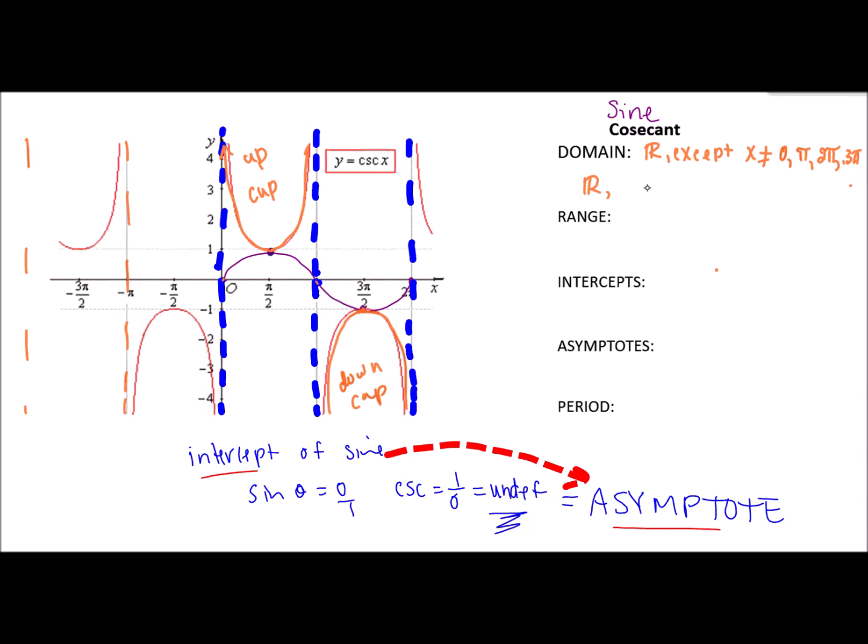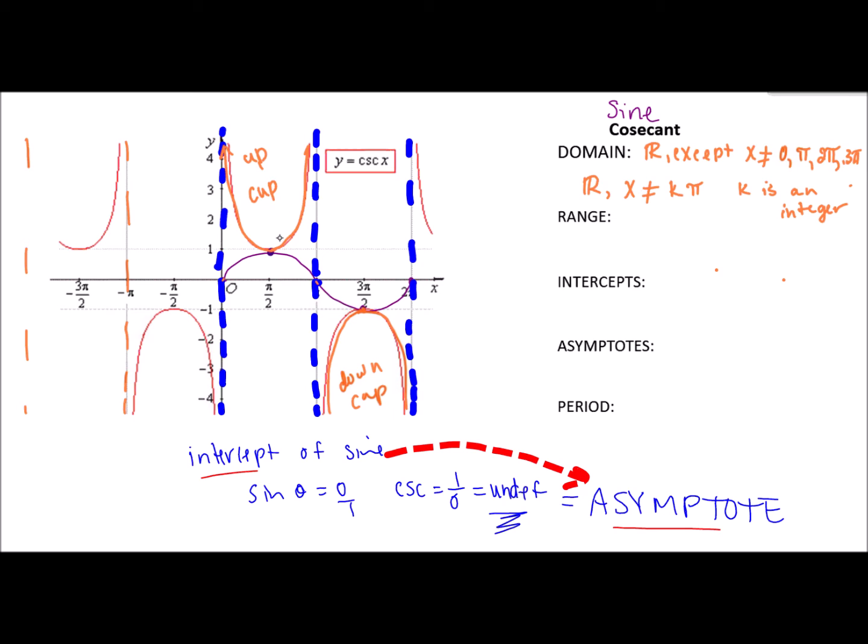All real numbers except x cannot equal, and then you can either use n or k, it really doesn't matter, k pi, where k is an integer. So k could be 0, 1, -2, -400. Any multiple of pi is going to be an asymptote for this cosecant.